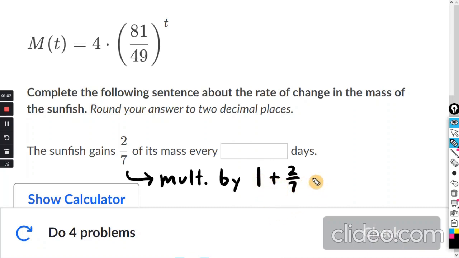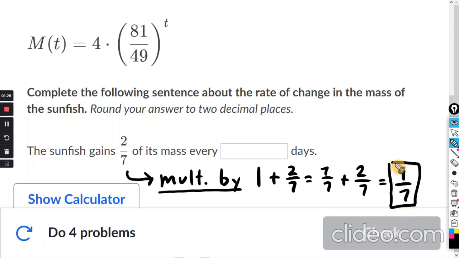So 1 is actually 7 over 7 plus 2 over 7. That's going to be 9 over 7. Okay, so you're going to have to multiply by 9 over 7 in order to gain 2/7 of its mass.